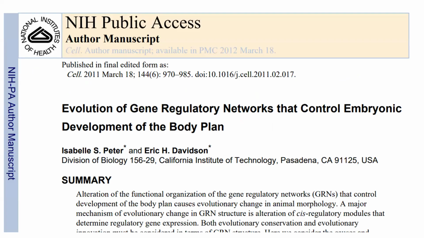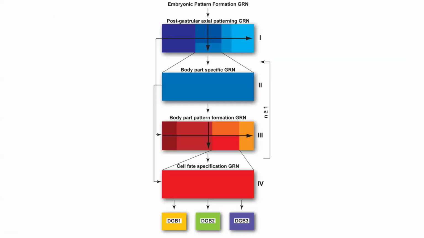Peter and Davidson looked at the evolution of gene regulatory networks that control embryonic development of the body plan, particularly looking at CRMs. They have this diagram that shows the post-gastrular axial patterning GRN in play geographically, overlaying and interacting with body part specific GRNs, overlaying and interacting with the body part pattern formation GRN, overlaying and interacting with the specification GRN.